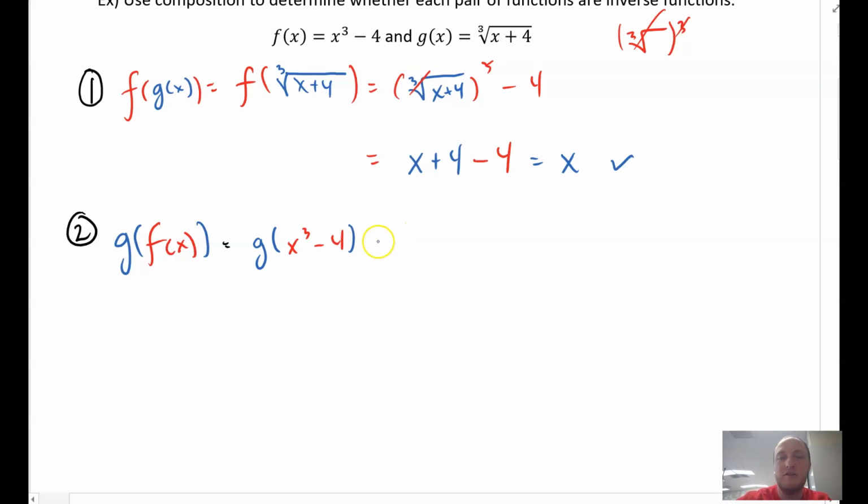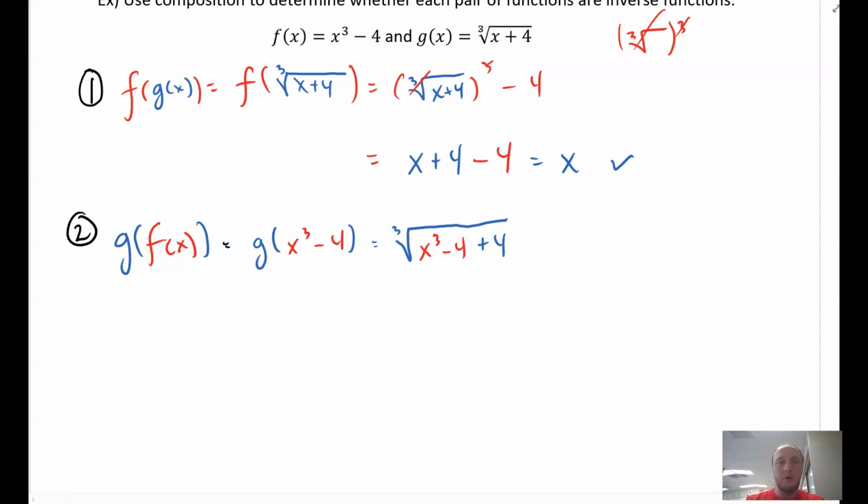So now g of x is the cubic root of x plus 4. Well, I don't have x. What I do have is x cubed minus 4. That's my input, so I'm dropping in those values, and I'm going to add 4.